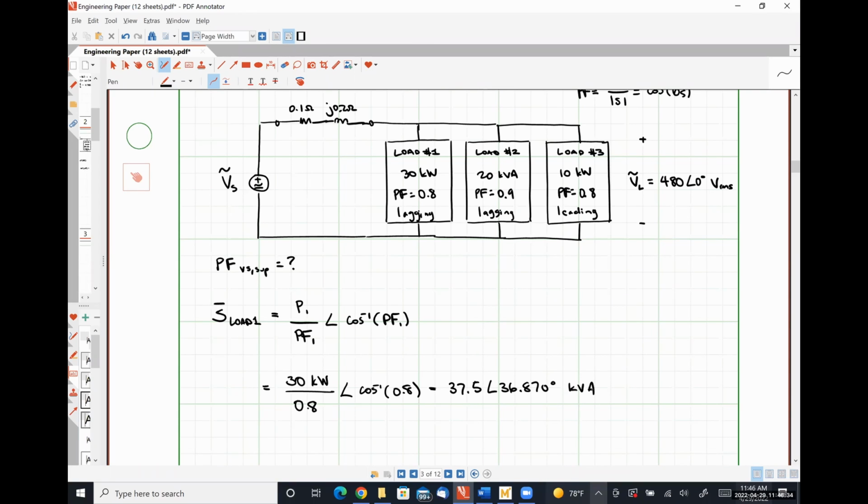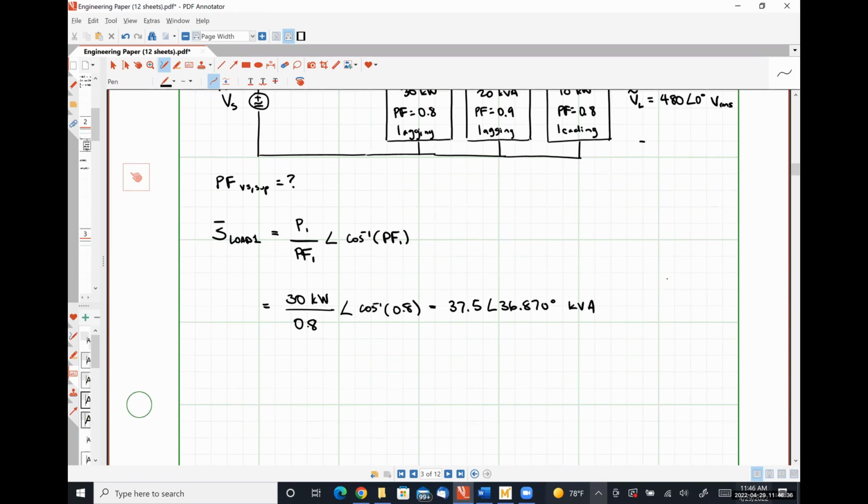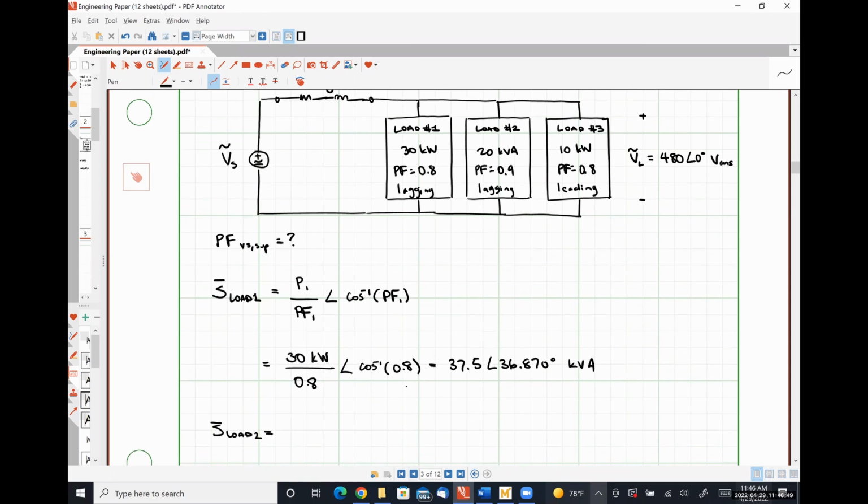For load number 2, we can follow a very similar approach, but there is one distinct difference here. Since you're told that this load is absorbing 20 kVA, someone other than Noah, tell me what these units represent.